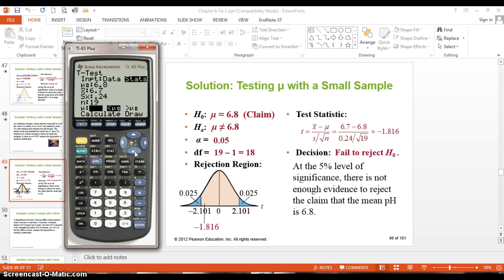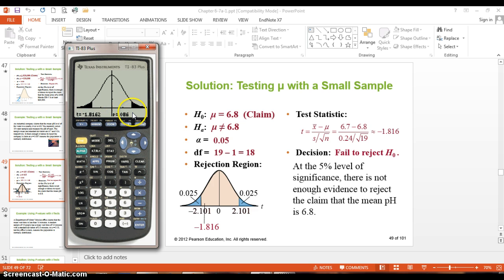And then lastly, what type of test are we running? That's based on our HA statement. Since we're looking at not equals, we press enter on the not equals option and then go down to draw and hit enter. And we can see here that we get the same standardized test statistic as earlier. T is negative 1.816.